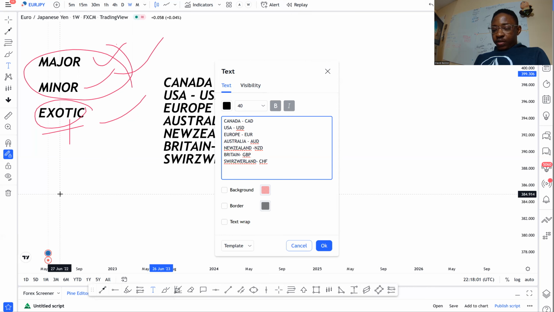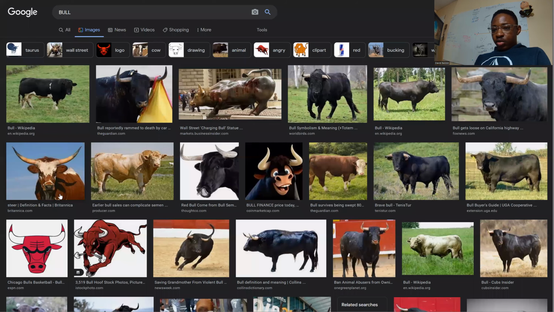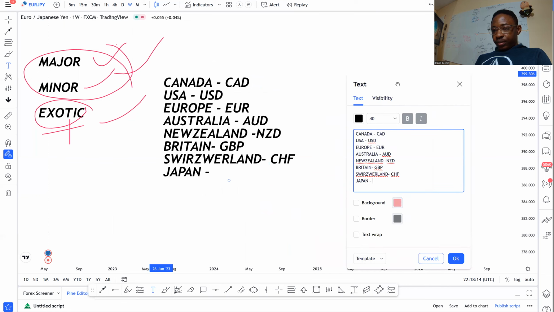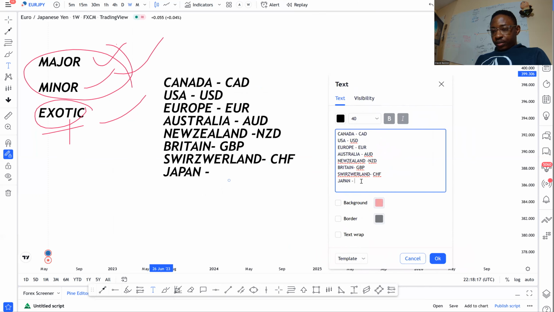And finally, we have Japan, or Asia. So Japan is representing the whole of Asia. So we have the Japanese yen. So let me straighten this up a little bit so everything will line up.